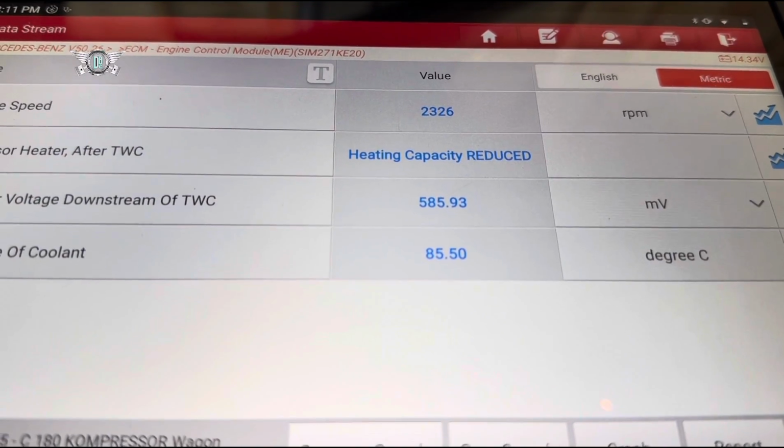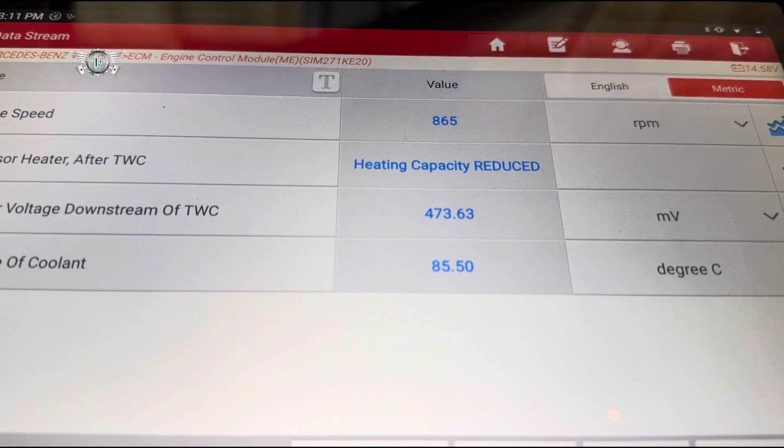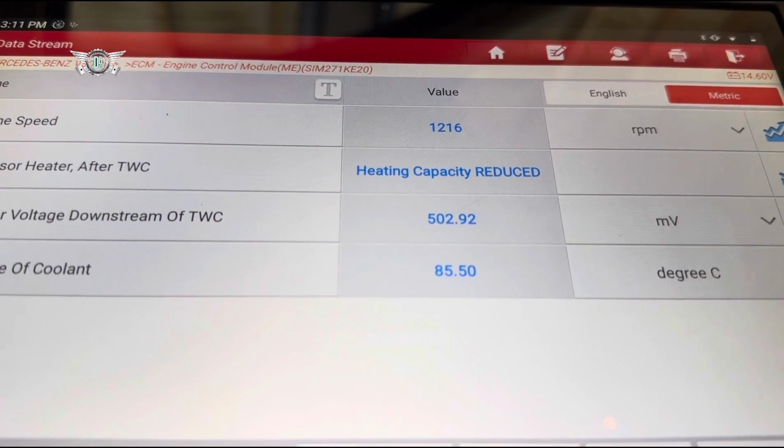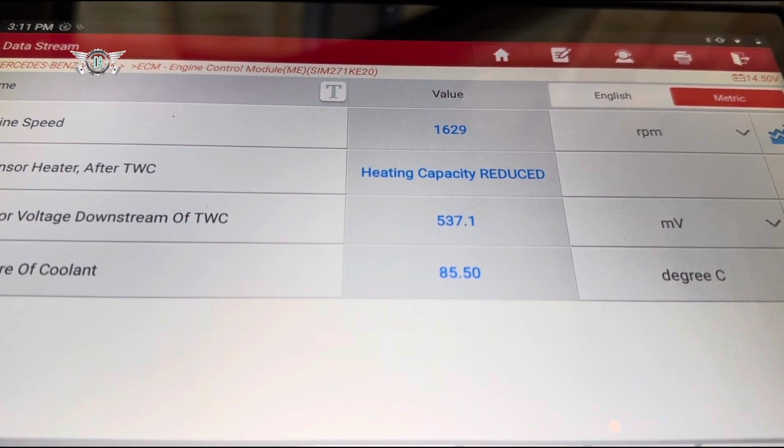This is a little bit more of what I am expecting the sensor to be doing. I expect it to fluctuate from lean to rich, lean to rich.